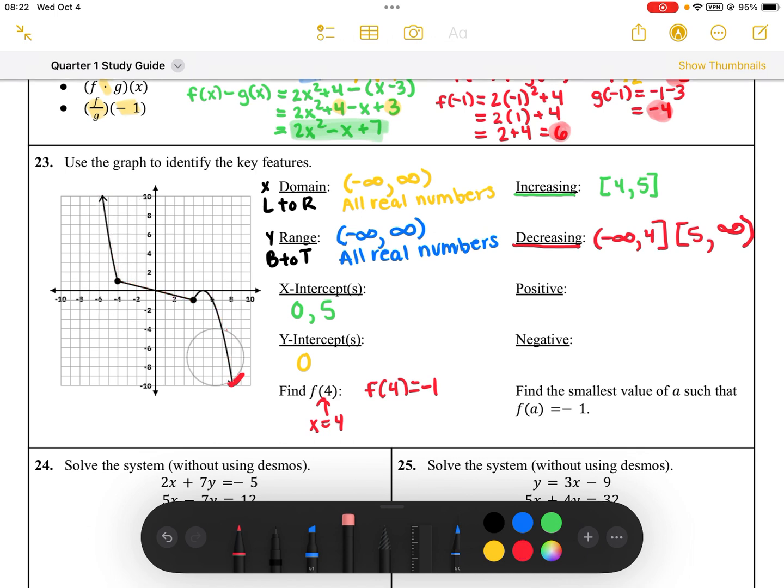So now I'm going to do positive and negative. Positive is going to be above the x-axis, negative is going to be below. So anything above will be this section here, stops at 0, and then negative will be this other piece. So I'm going to have one interval for positive, one interval for negative. As I go to the left here, this positive section keeps on going up.